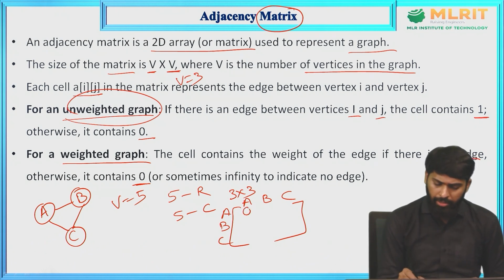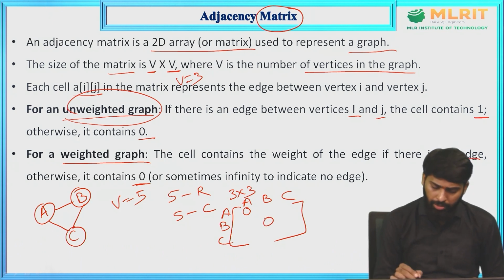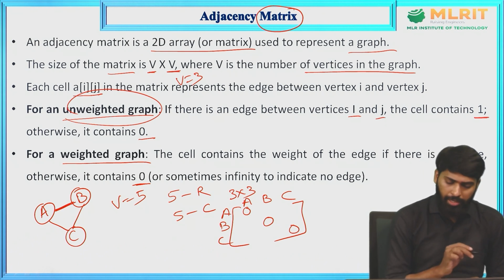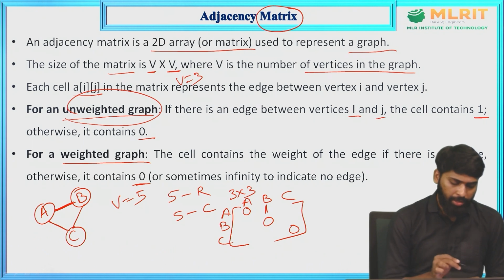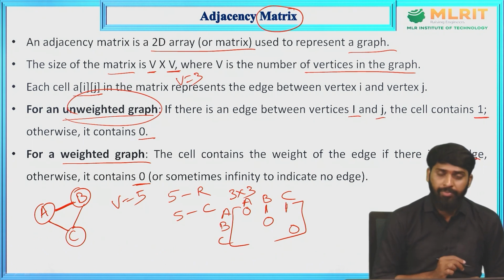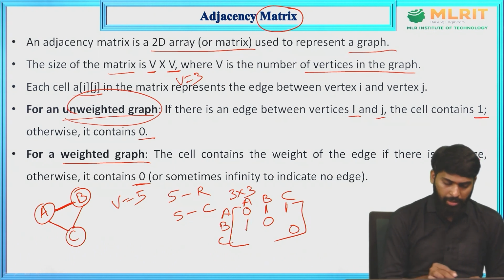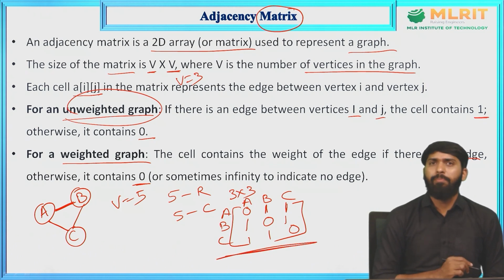No, so it is represented as 0. Between B to B? No, so it is 0. From C to C, 0. Now A to B is an edge, so write 1 here. There is an edge between A and C, so write 1 here. There is an edge between B and A, so 1, B to C, 1, C to A, 1, C to B, 1. So this is the adjacency matrix representation.